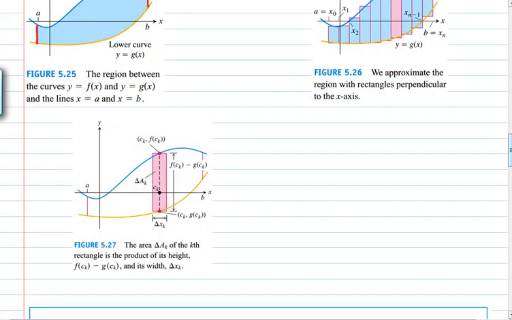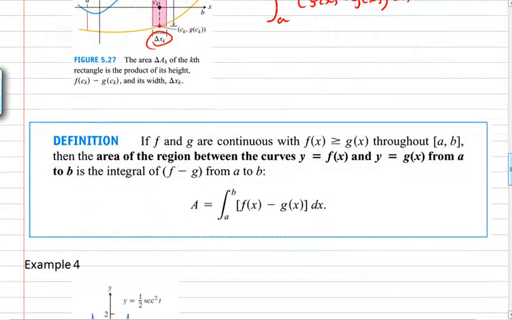That leads us to the limit definition of the integral, and this is going to end up being the integral from a to b of f of x minus g of x dx, because the height of this rectangle is f of x minus g of x. The width is our delta x, and we're going from a to b because we let each of these rectangles slide across this region from a to b. That's the definition for the area of the region between two curves.